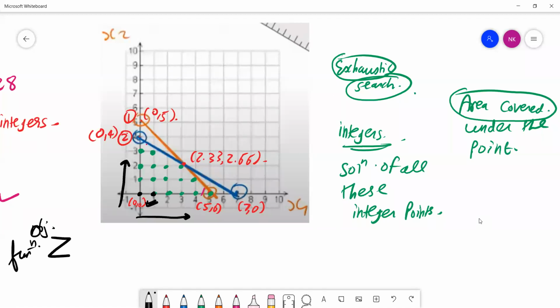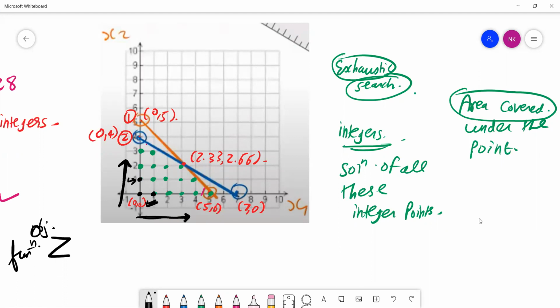If I consider 0, 0 and 0, 1, the value at 0, 1 will be higher than at 0, 0. The more you move to the right and to the top, the area covered under that point will be broadened enough. That will give you a better answer.